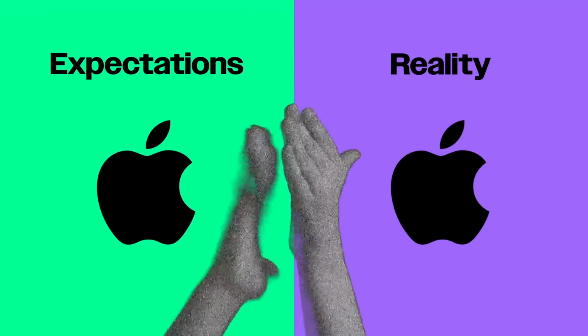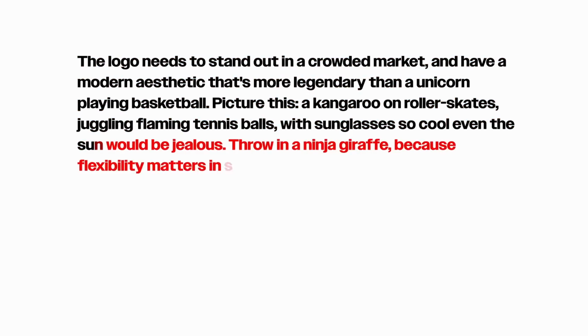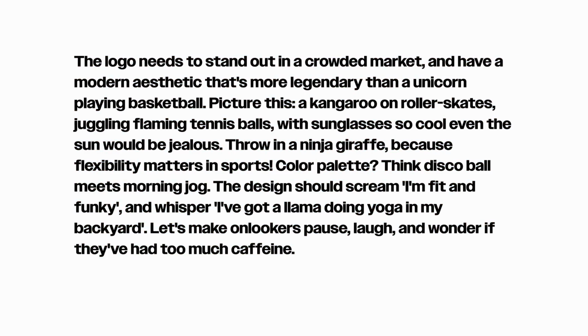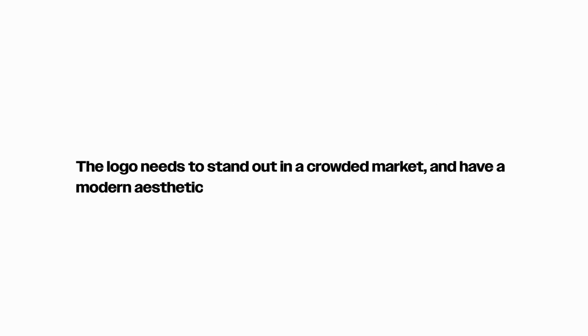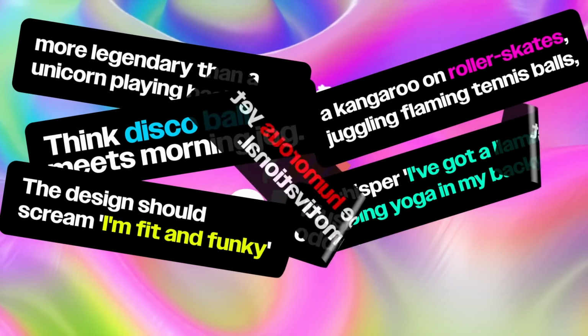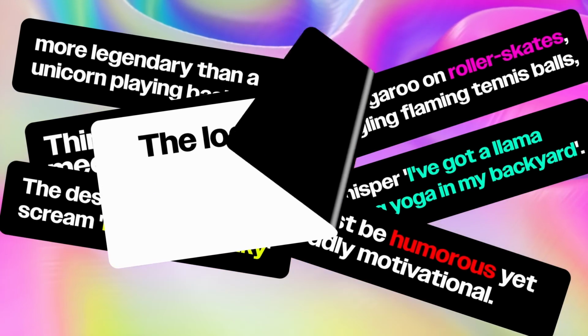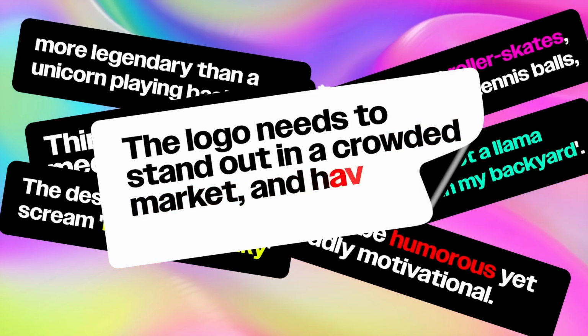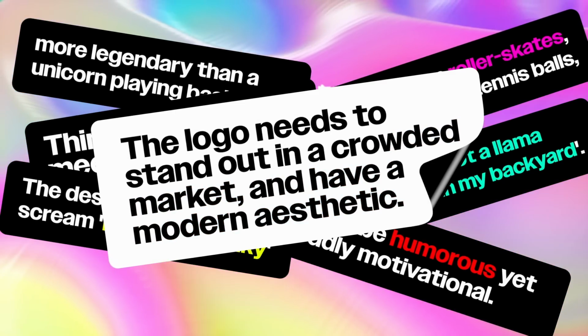There is one surefire way to make sure your design aligns with your client's expectations, and it's actually really easy to do. Take your client's brief and your research and condense that down into a single sentence. For example, let's go back to that sportswear logo design. The brief might have spoken about many things, but I could condense it down to something like, the logo needs to stand out in a crowded market and have a modern aesthetic.